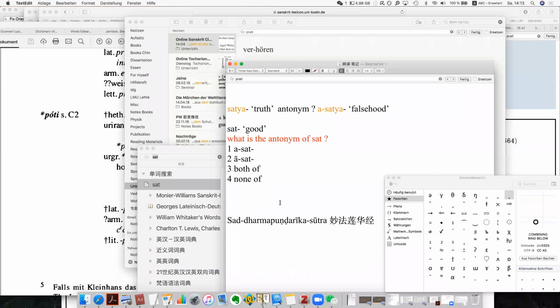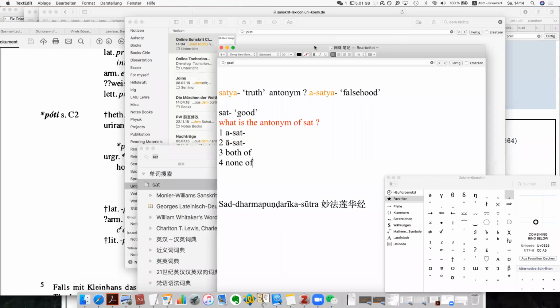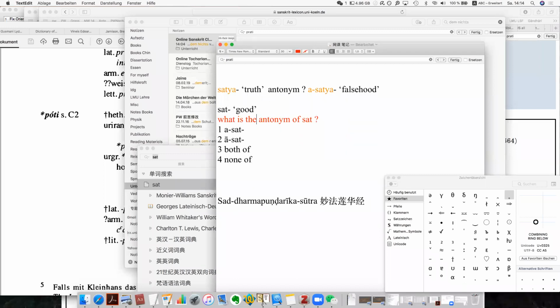Both, okay. Four, none of. Okay, three, both of. What is the correct antonym?